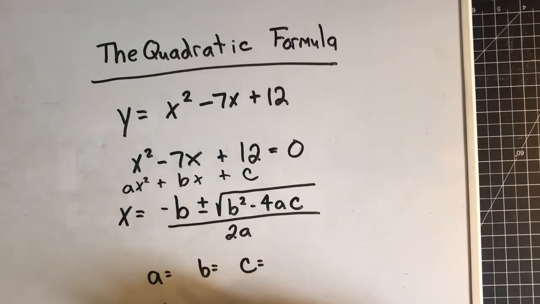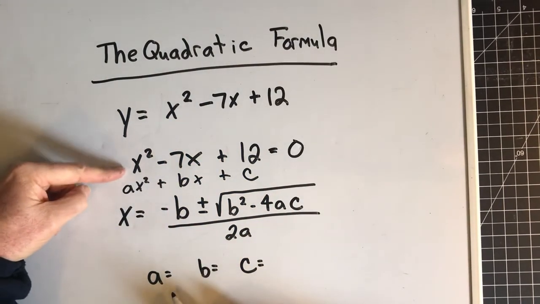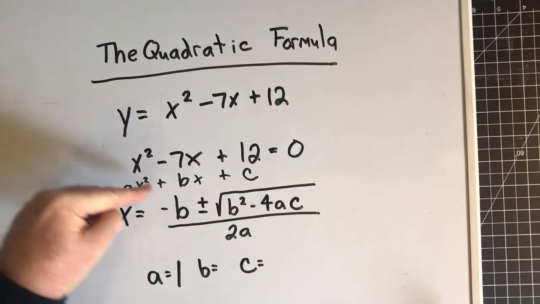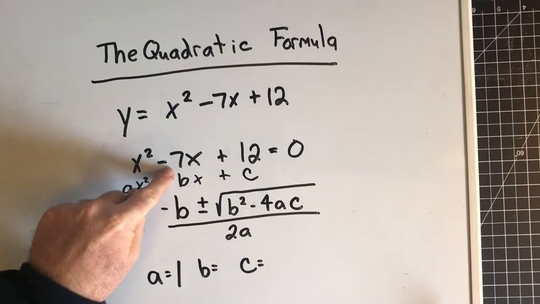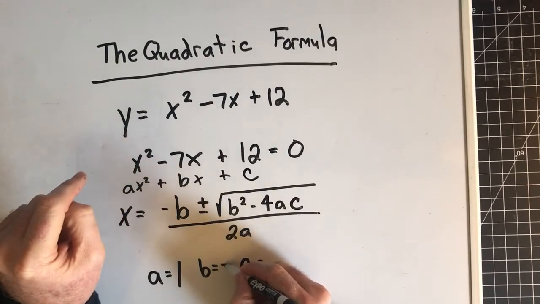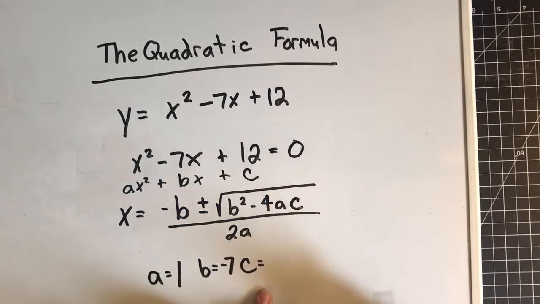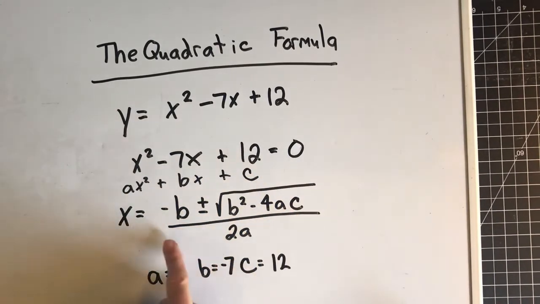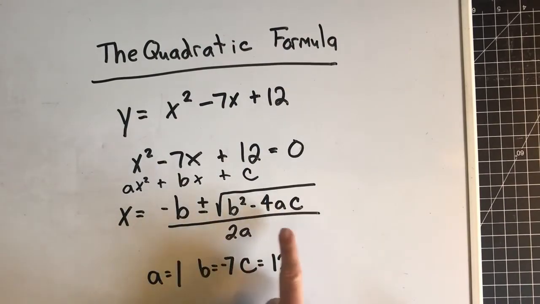Okay, so a, you'll see there's no number in front of the x squared, so a is 1. Okay, b has a minus 7 in front of the x, so that will be negative 7, and c is positive 12.